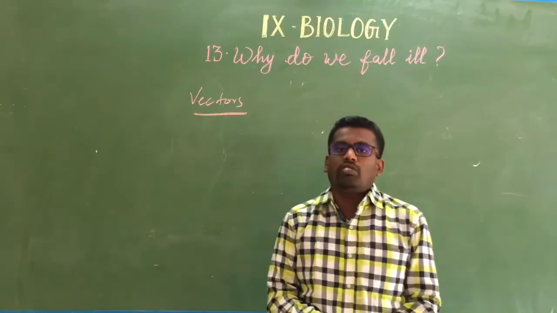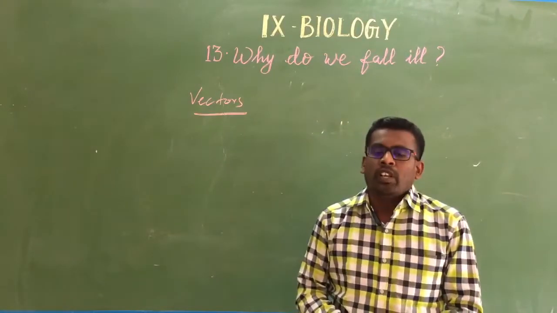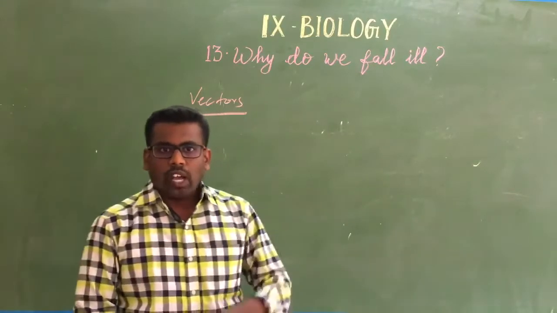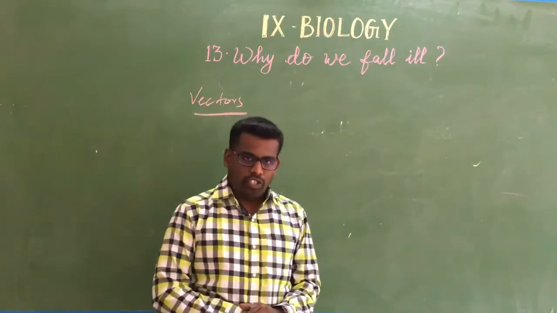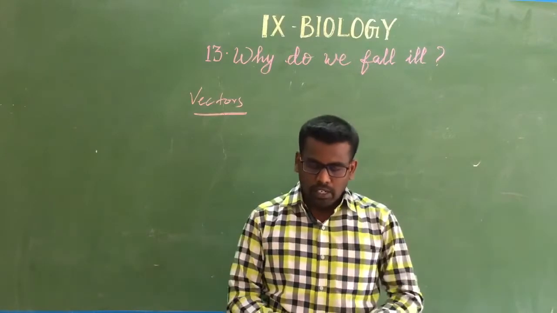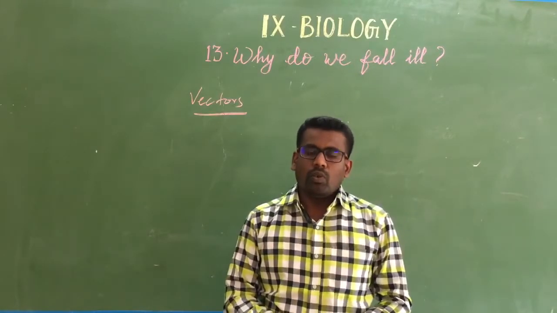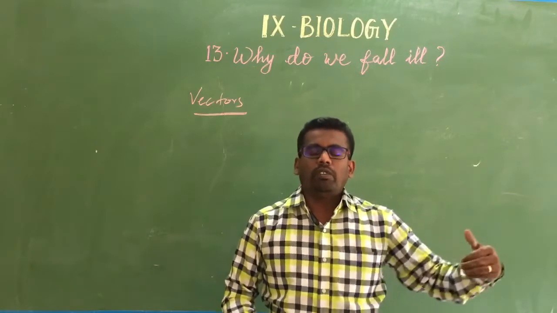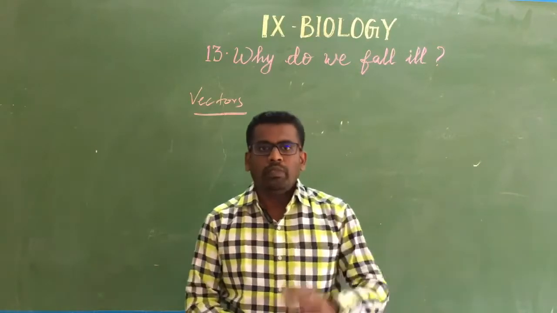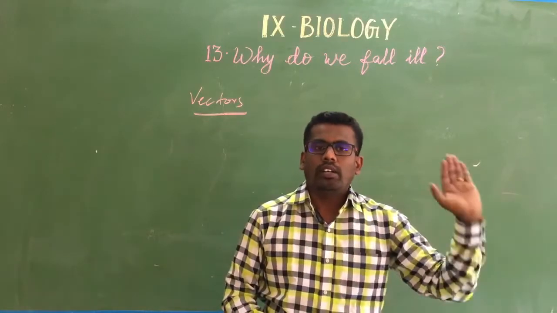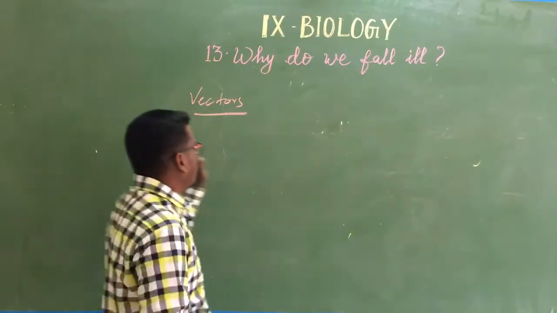We saw in the last class: bacteria, virus, protozoan, fungi and worms. These are the infecting agents. These infecting agents are carried by some animals, okay, and transmitted from an infected person to a healthy person. Those organisms are called vectors.